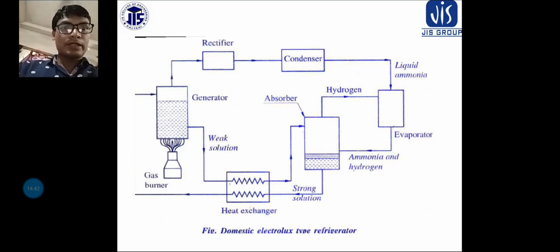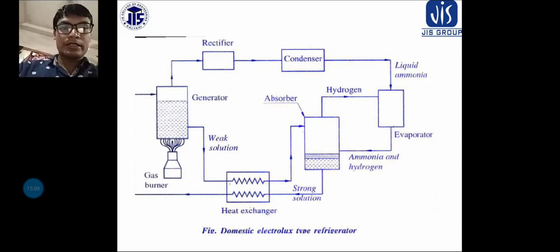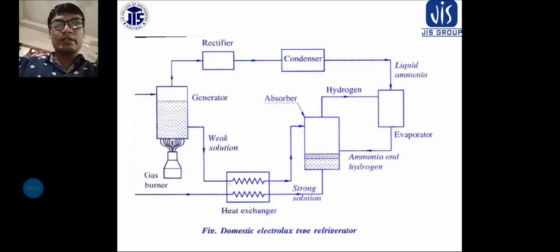The strong solution from the absorber is taken to the generator, and the hydrogen gas is sent back to the evaporator section. In the generator, the weak solution comes back from the generator to the absorber, and the strong solution is taken in the generator, where heat is added with the help of the gas burner.